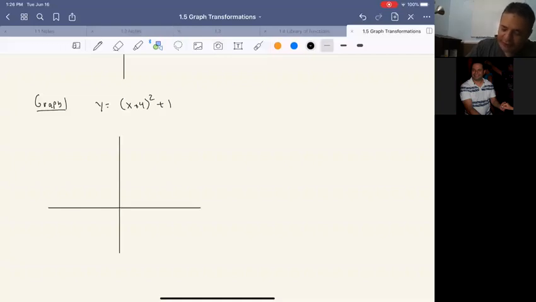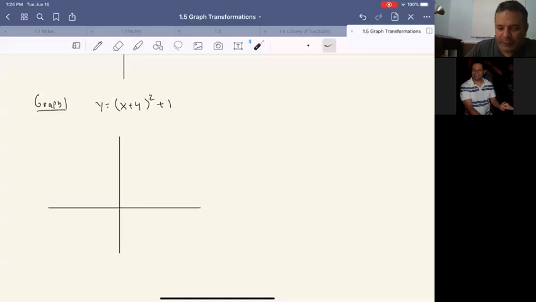Okay, so now we're going to be moving left 4 and up 1. Okay, left 4 because of the plus. So that's, remember, going to move to, let me make that a little clearer. Let me just rewrite that. Okay.